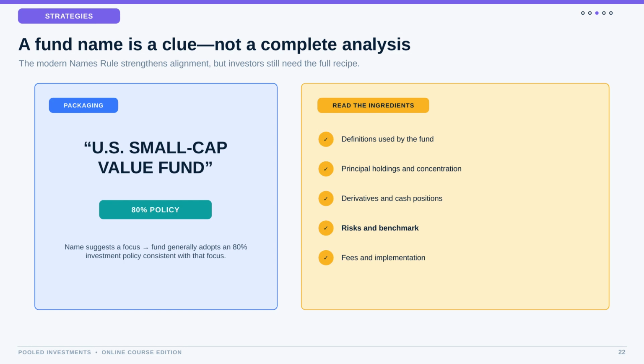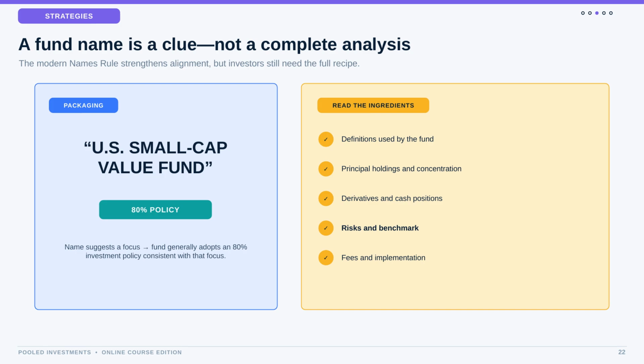A fund name is useful packaging, but it is not an X-ray. The SEC's modernized names rule generally requires funds with names suggesting a particular investment focus or characteristic to adopt a policy to invest at least 80% of assets consistently with that name. The rule now reaches terms such as growth, value, and certain thematic characteristics.